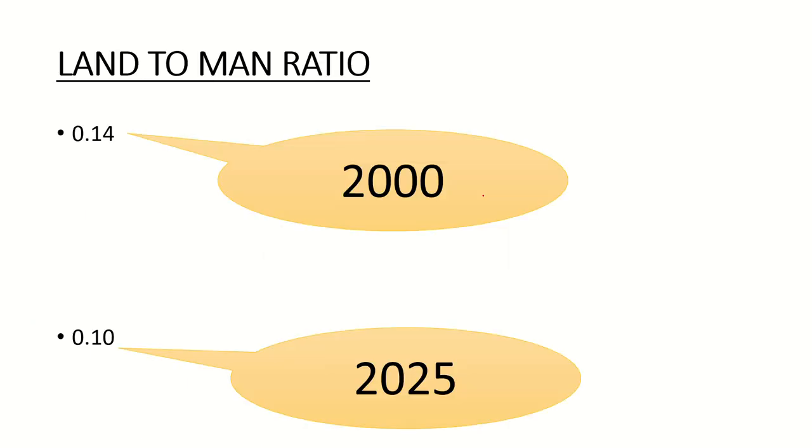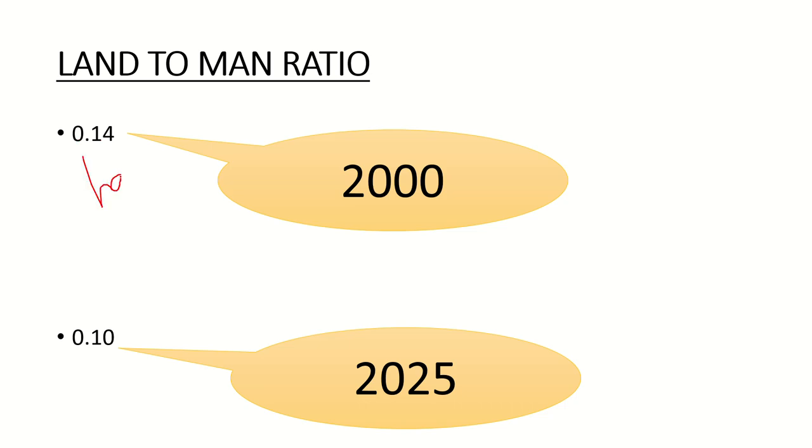In the introduction part, there is another data point: in 2000, the land to man ratio, that means per capita land, how much land for a man, was 0.14 hectare.